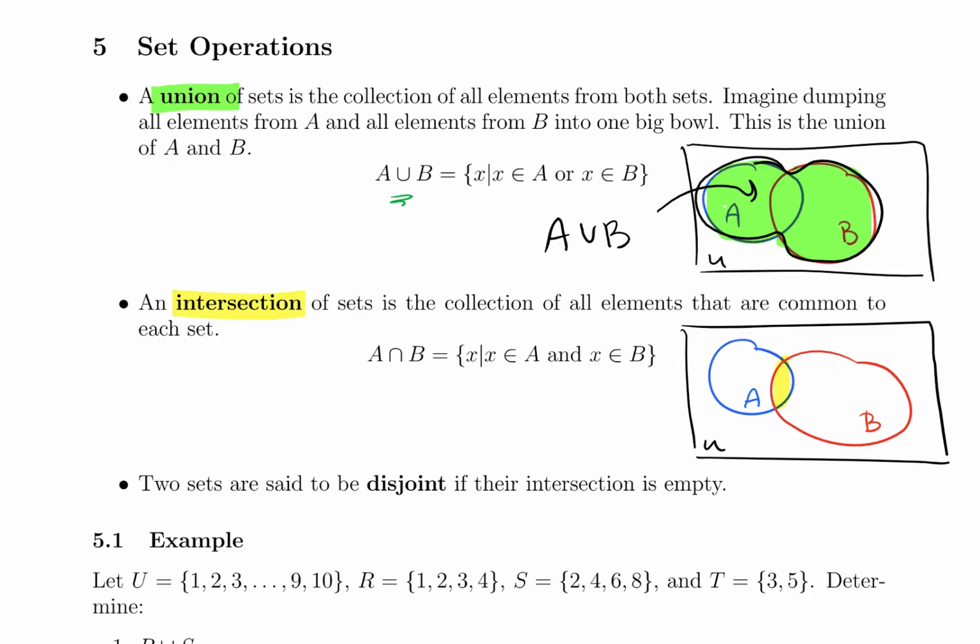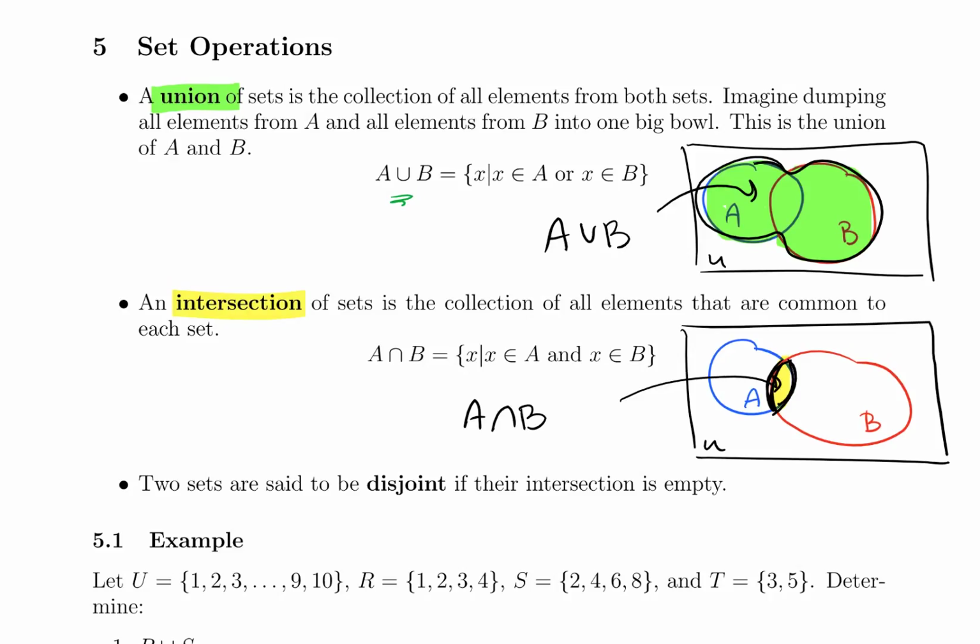So it's just that little part in the middle. And there's no guarantee that sets have an intersection. If they intersect, then it would be anything that is shared in common between them. So we would have A intersect B, and that would be that little part where they overlap.